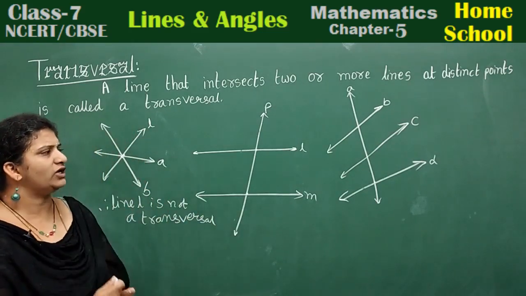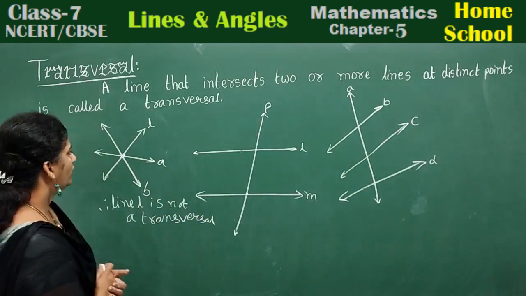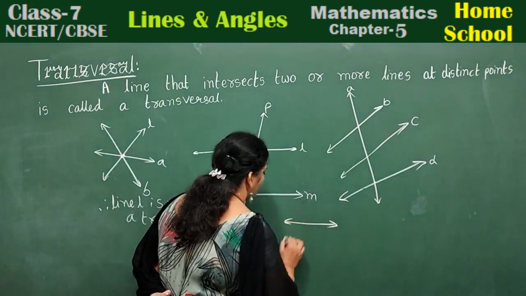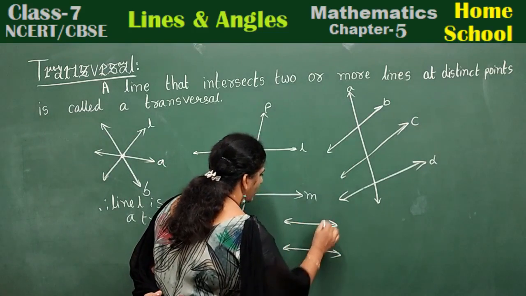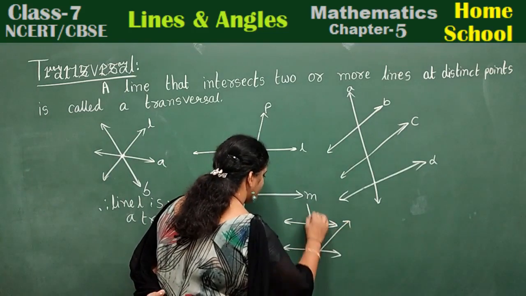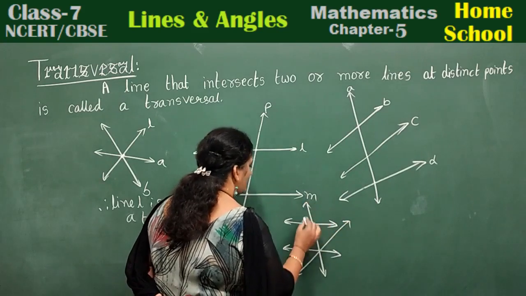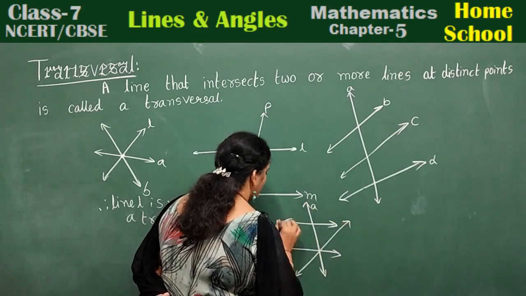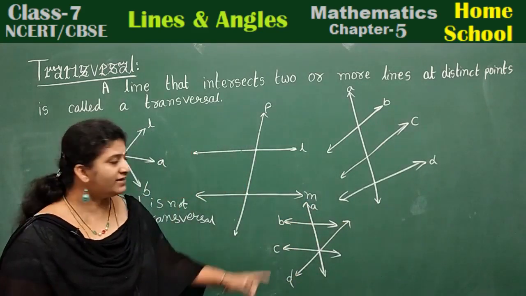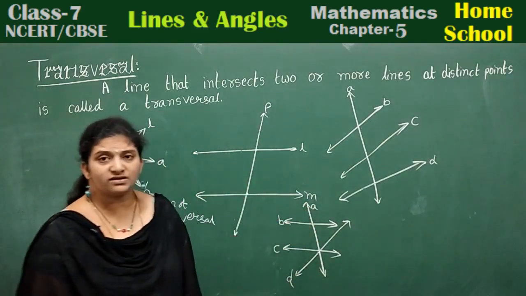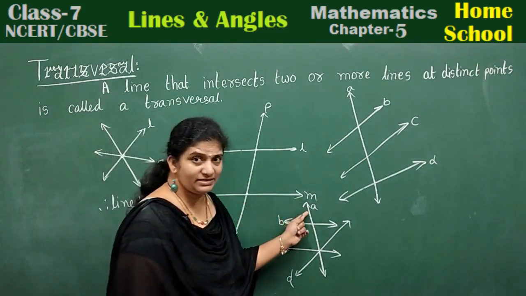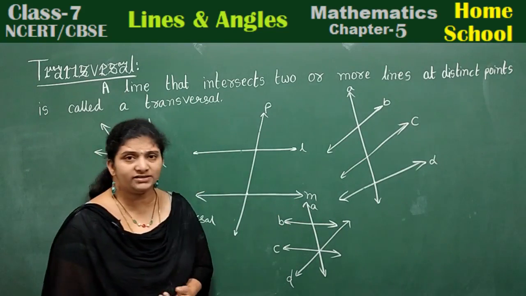Then one more variety of transversal I'd like to show. Suppose I draw a line like this and this. Now this is line A, and this is B, C, D. Can I say line A is a transversal for these three lines?